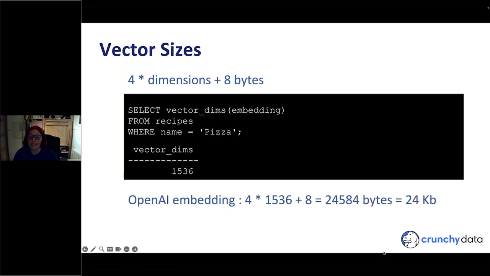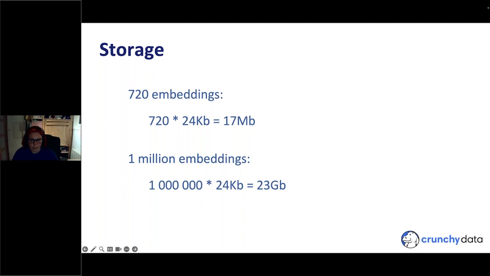So in our case, that gives us a size of 24 KB per embedding, which, if I've done my maths correctly, is approximately 17 meg for the embeddings for our small data set of 720 recipes, and extrapolates out to about 23 gigabytes per 1 million embeddings. So you can start needing a lot of storage quite quickly if you've got large data sets here.